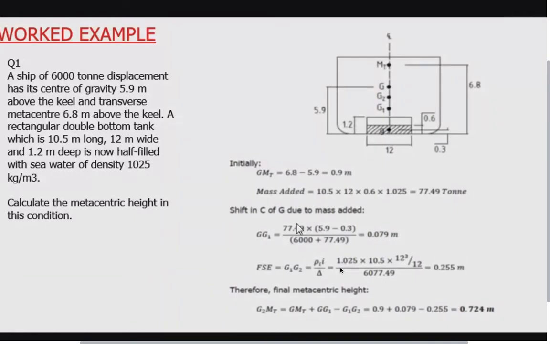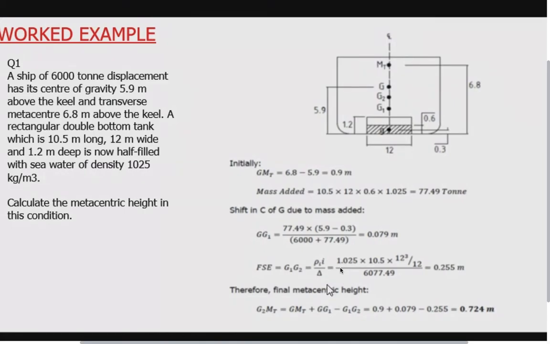The shift is the mass added times the distance, all over the displacement. I hope we talked about that some time ago. The mass added times the distance over the displacement that was given.